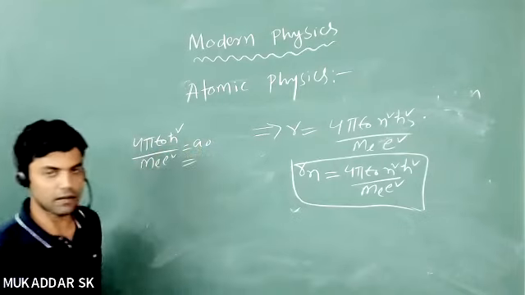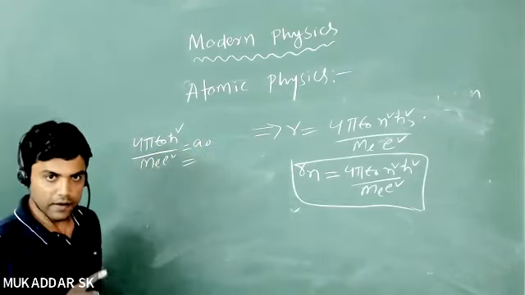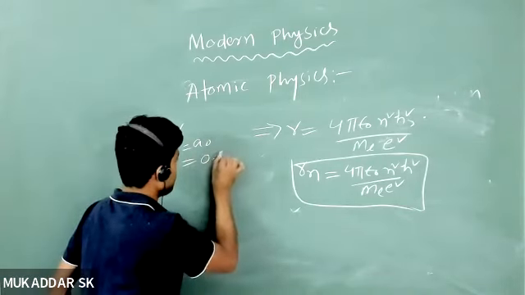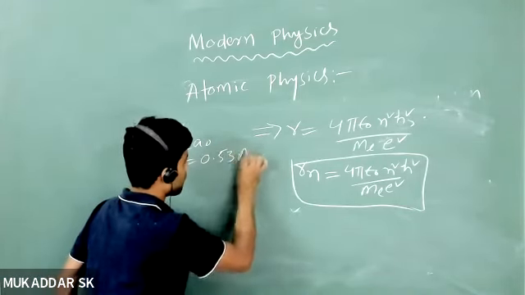A naught is the Bohr radius, and its value is how much? If you substitute the values of 4 pi epsilon naught, h cut, mass of electron and charge of electron, you will get 0.53 angstrom.